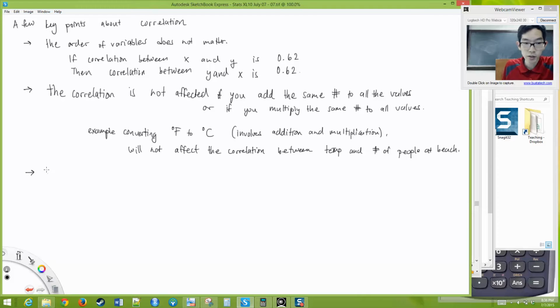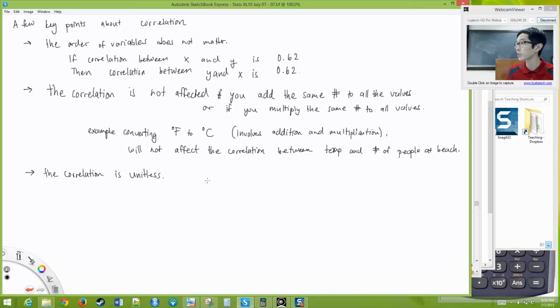The correlation coefficient, or correlation, is unitless. So, degrees Fahrenheit, degrees Celsius, it doesn't matter.